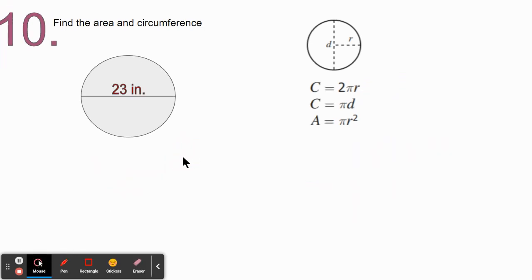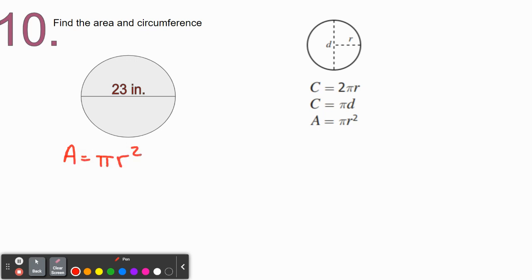All right, and last problem. So I'm going to let you guys find the area. Okay, so for the area, you should have used area equals pi r squared, using 3.14 for pi. Now this problem uses the radius, which they didn't give us the radius in this problem. They actually gave us the diameter.